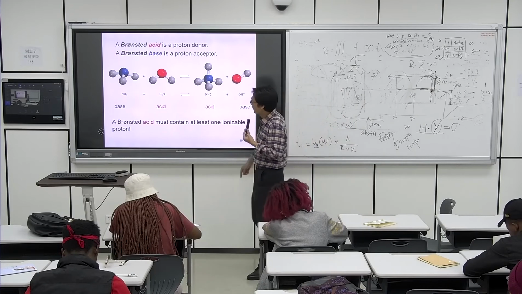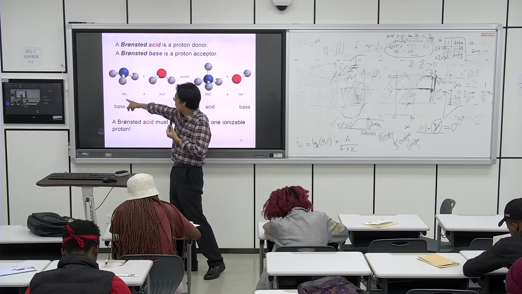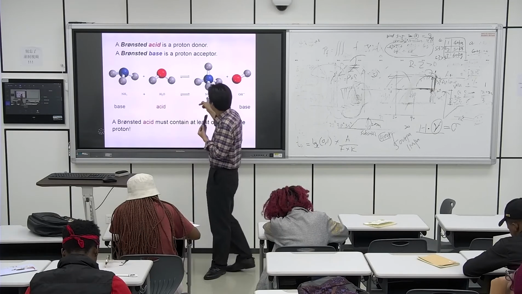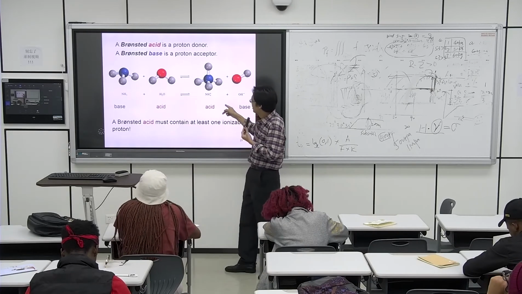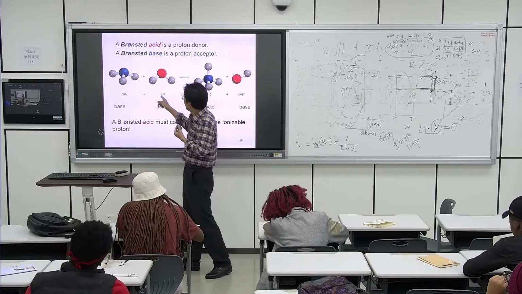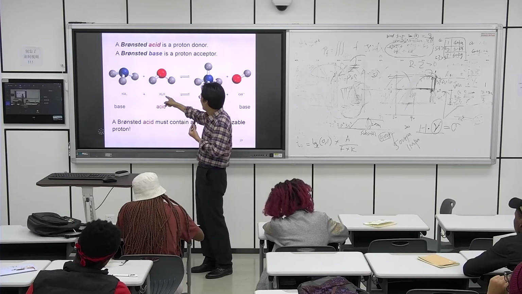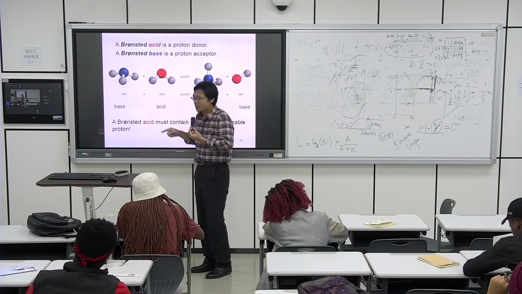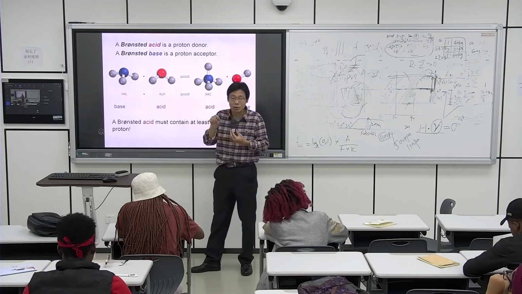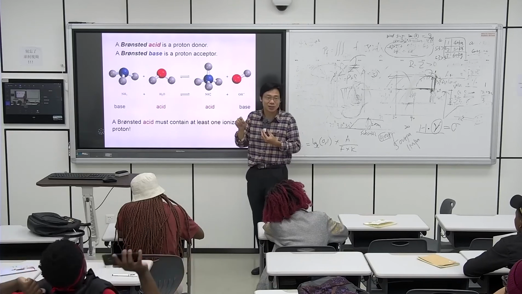So for example, when we dissolve the NH3 in water, it will happen like this. Okay, so this will take one hydrogen from the oxygen, from the water. The water is a weak electrolyte.